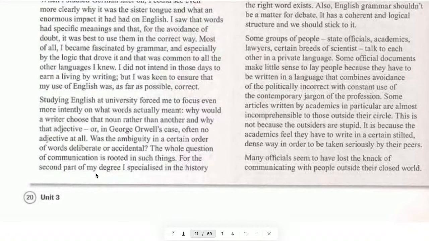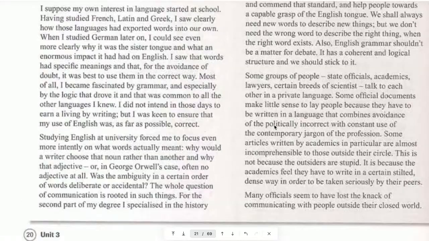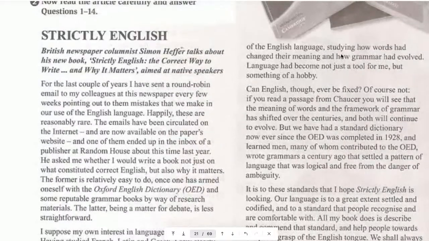For the second part of my degree, I specialized in the history of the English language, studying how words had changed their meaning and how grammar had evolved. Language had become not just a tool for me, but something of a hobby. Where does he mean about word order in this case? Which one?